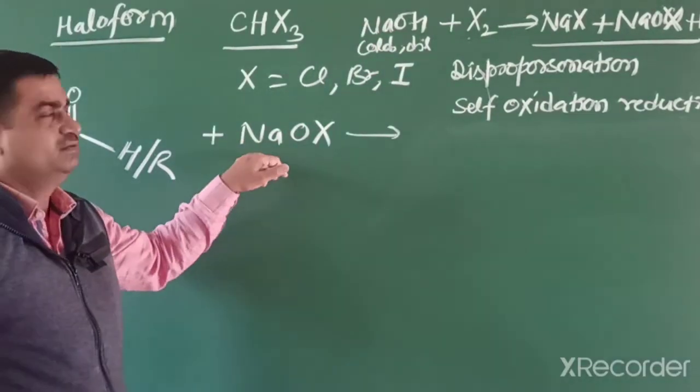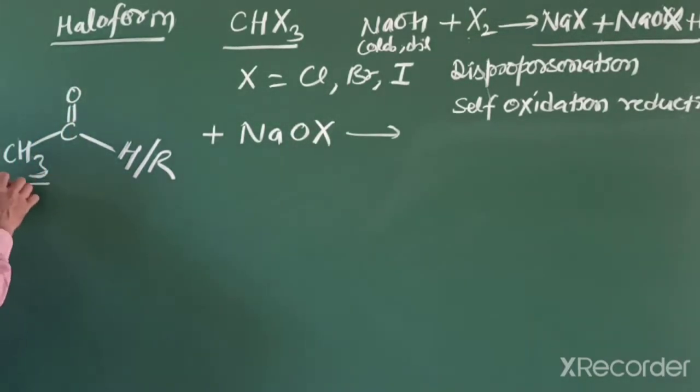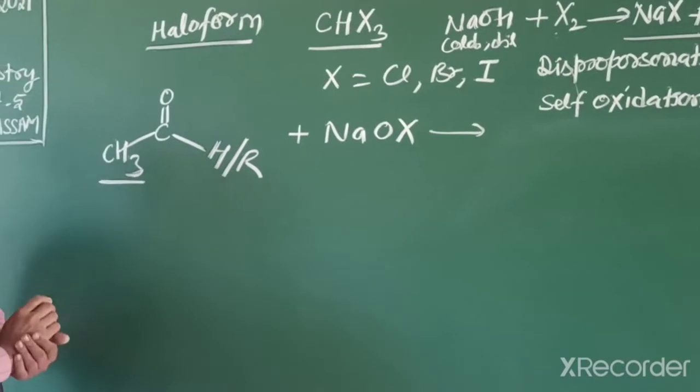With the sodium hypohalite, the hydrogen is removed by the halogen ion, and after that the 3 hydrogen atoms are replaced by halogen.